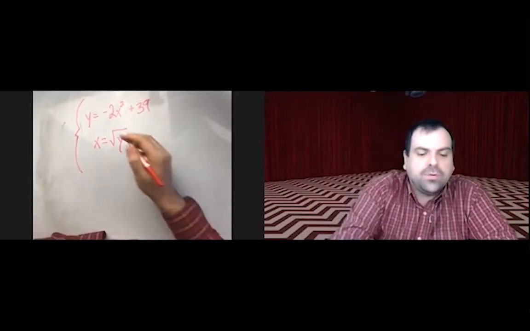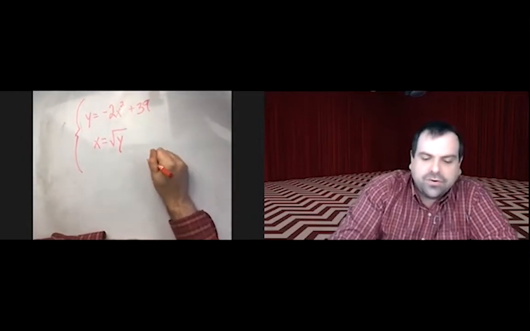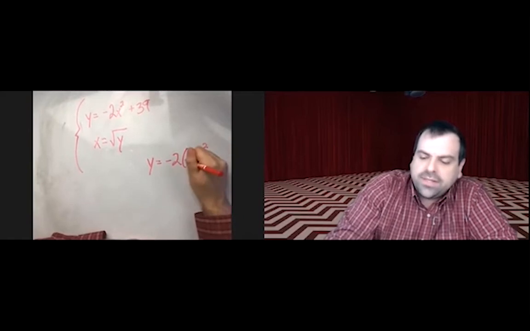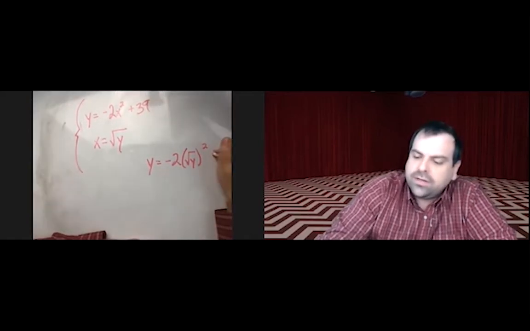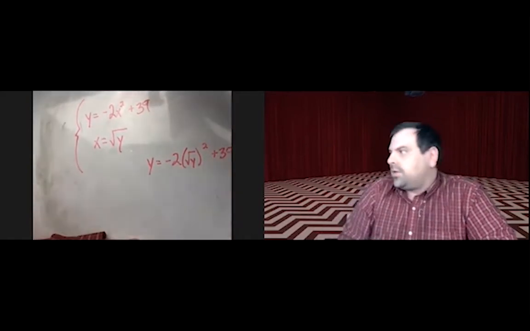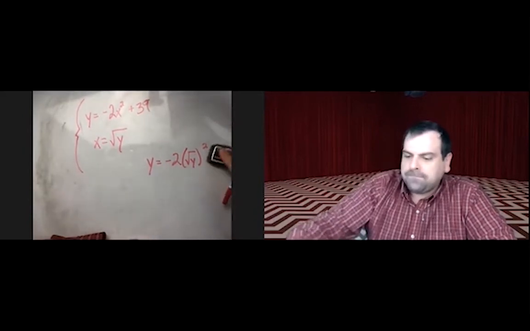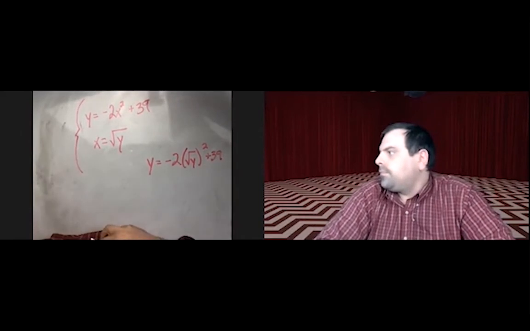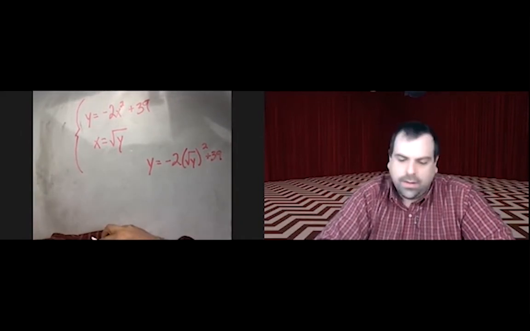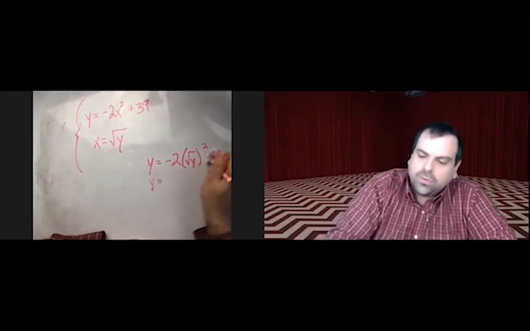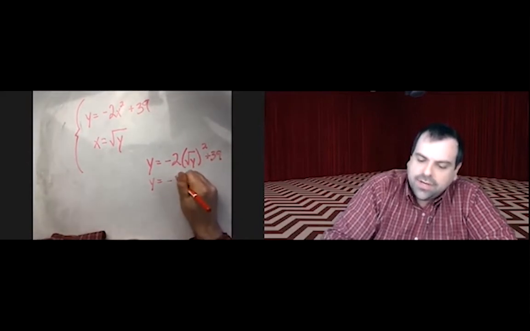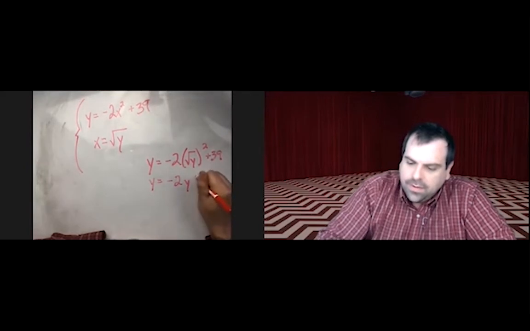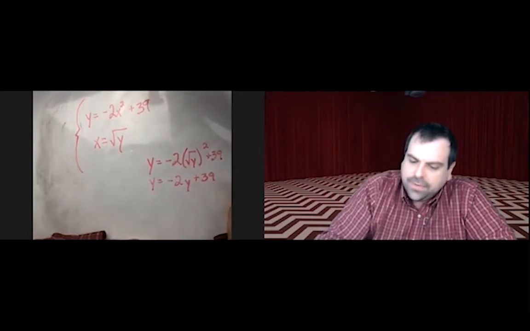So x is the square root of y. Let's plug that into the first one. Y equals -2 times, instead of x squared, the square root of y squared, plus 39. And the square root of y squared is just y, so -2y plus 39.